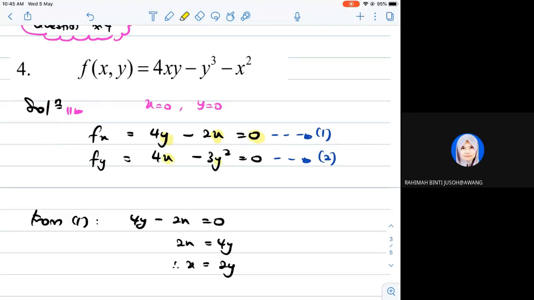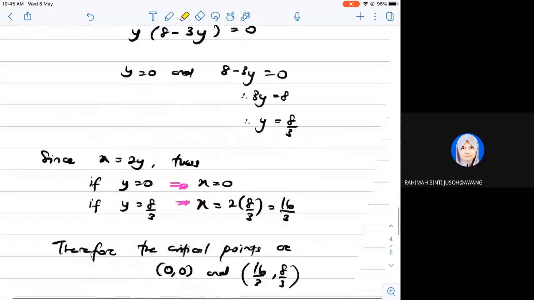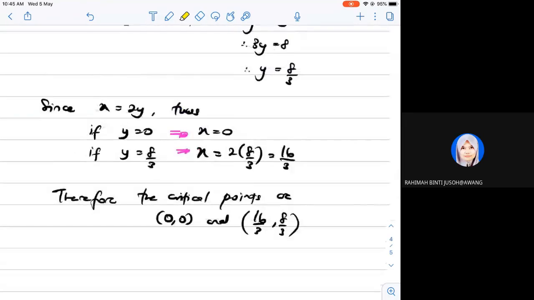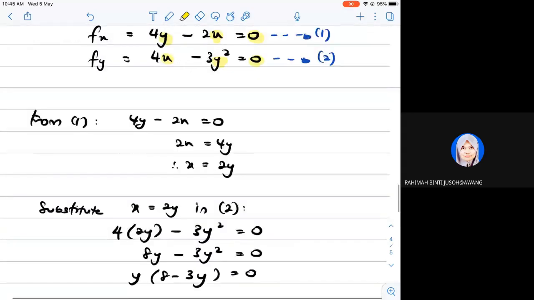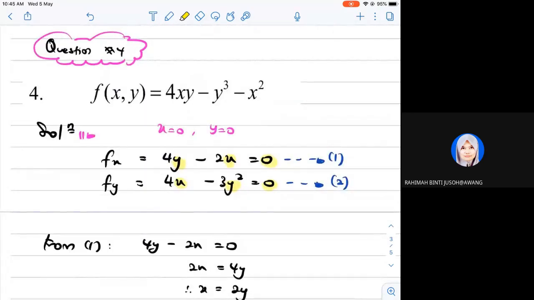Second pun sama kan? Dapat 0 juga kan? Yes. So 0, 0 also the critical points lah. Okay, and then 16/3 and 8/3 of course lah. Kalau kita masukkan lah, tadi x equals to 16/3, y equals to 8/3. Kalau you masukkan pun, x equals to 16/3, memenuhi tak yang atas tu?